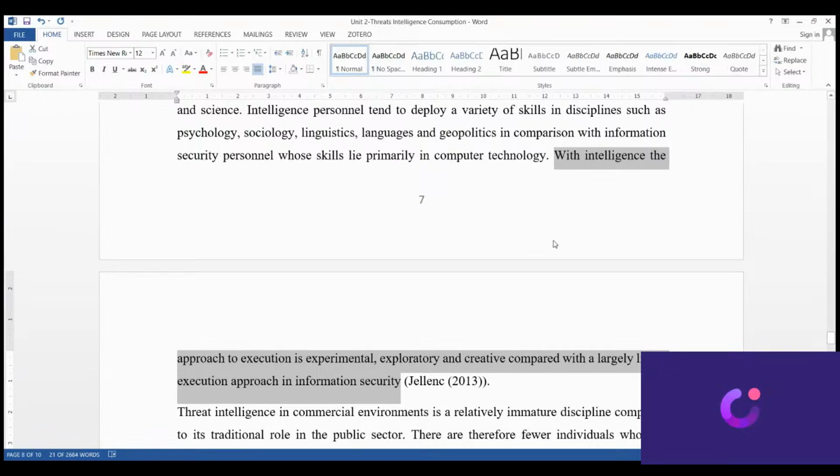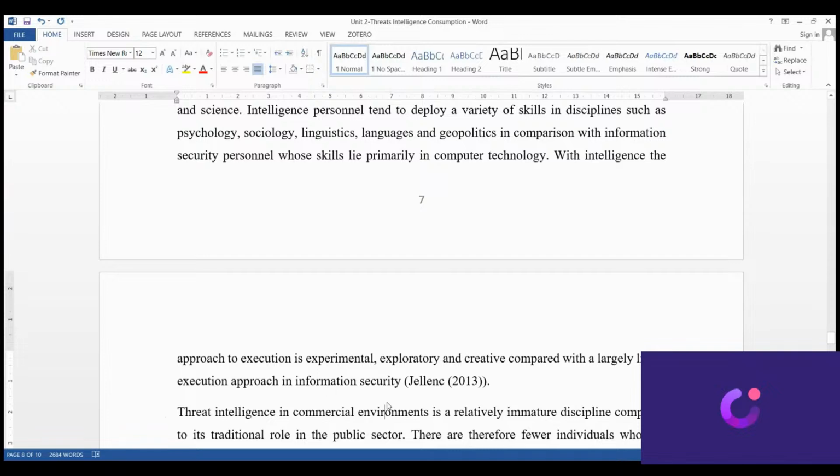So in this case, for you to gather that intelligence information, you have to explore many different avenues, so that you don't miss out on anything that can give you credible information on what the attacker is trying to do.